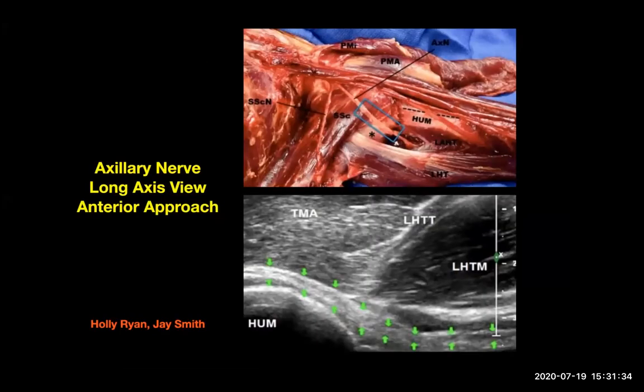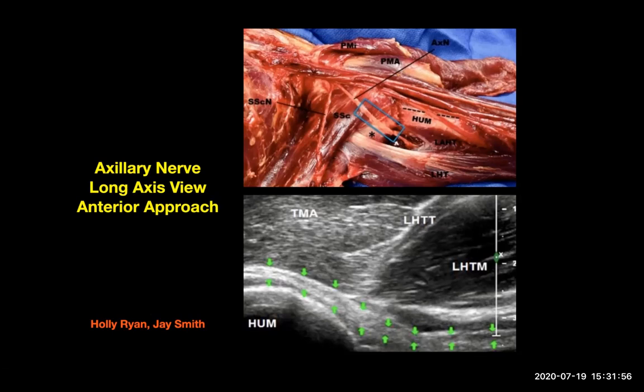If you want to see the anterior approach, you have to abduct the arm and then put the probe vertically on the axillary space, and then you can look at the nerve both in the long axis and in the short axis.